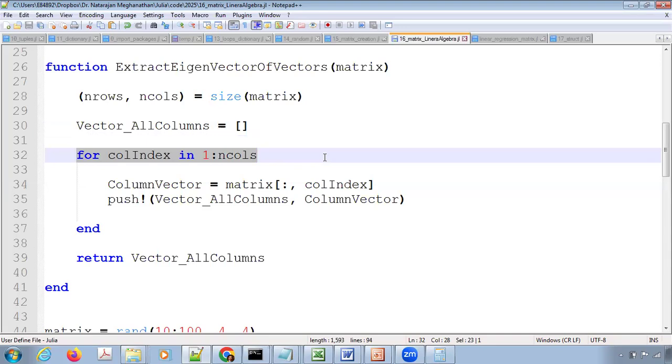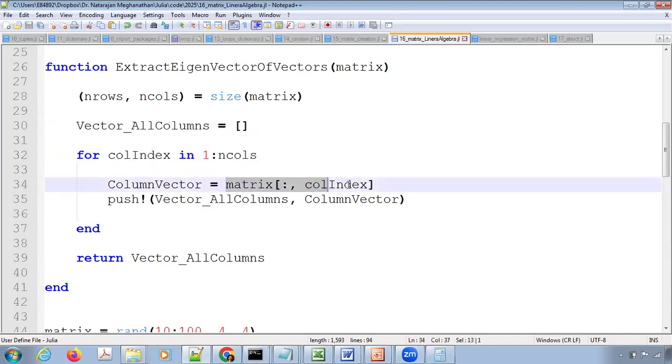So for call index in 1 to n calls, and I can get the column vector by this, as I showed earlier. So matrix is the matrix name here, followed by, we want to get all the row values in that column corresponding to call index. So that column, comma, call index will retrieve that column vector corresponding to the column index. And I am storing that as a local variable column vector.